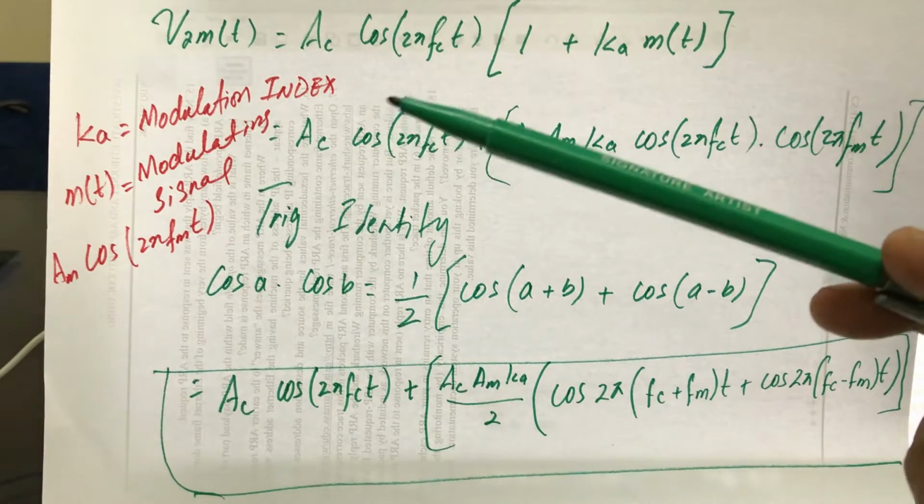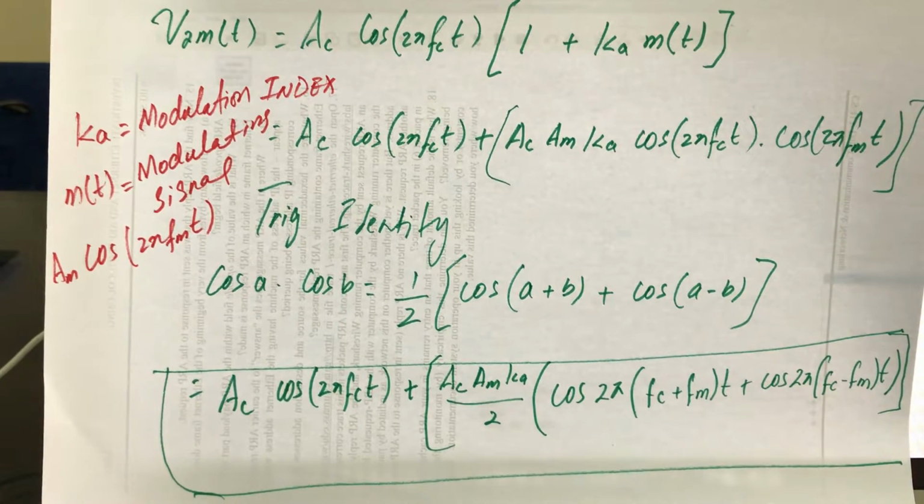And this Ka factor is actually the modulation index, and the modulation index basically defines the depth of your modulation. So this value can be anywhere from 0 to anything more than 0. So why am I saying this? Because if you want your signal to be 100% modulated, this value can be from 0 to 1.